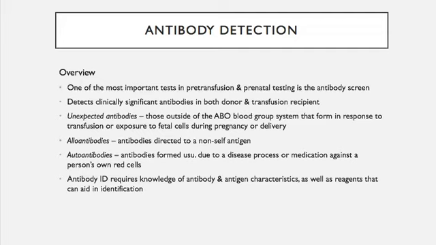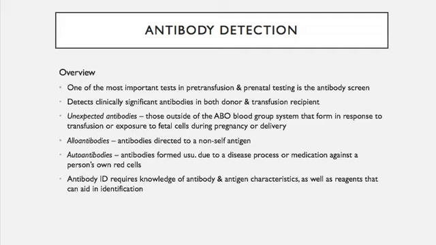Unexpected antibodies are going to be the ones that are outside of the ABO blood group system, because if you remember when we talked about the ABO blood group system, the antibodies from that system are naturally occurring.